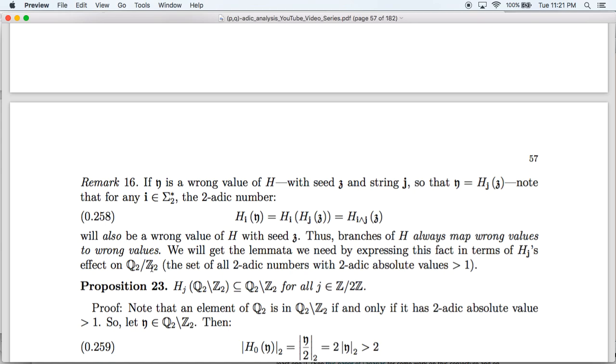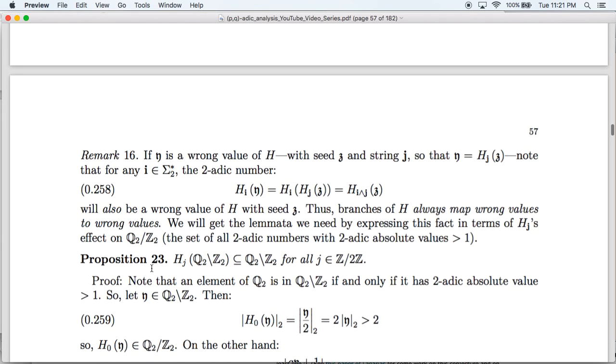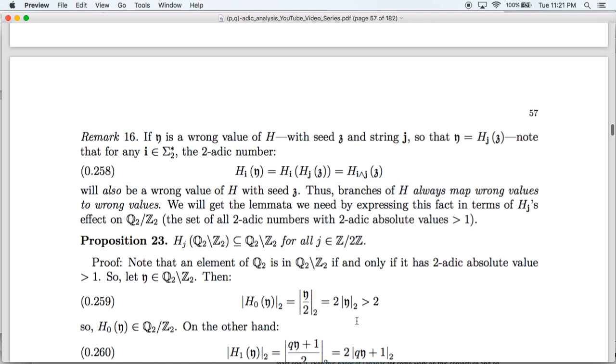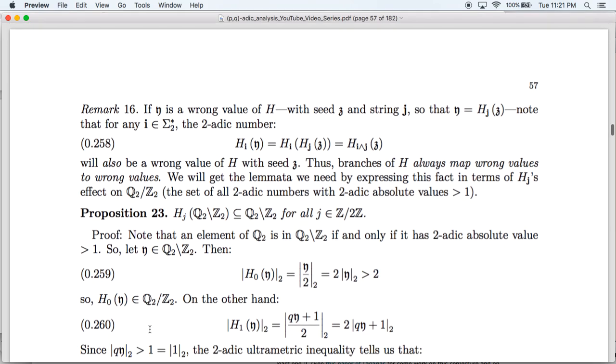And so our first proposition is that if your input has a 2-adic absolute value strictly greater than 1, then Hj will produce an output that has 2-adic absolute value strictly greater than 1. So let y have an absolute value strictly greater than 1. Then H0 of y is y over 2, which has 2 times y's 2-adic absolute value, which is greater than 2. So this is going to be in Q2 take away Z2.